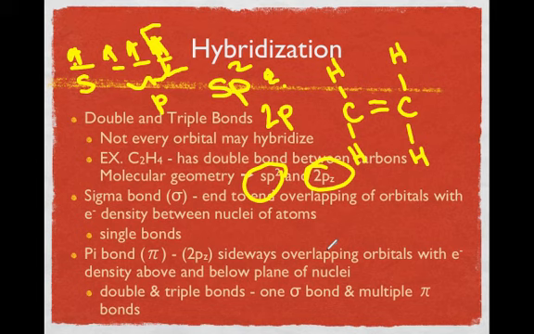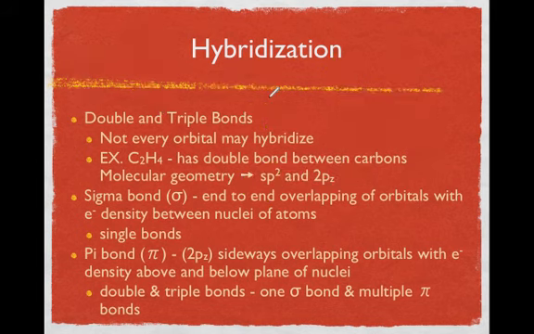Would it always be a 2p? It's 2p because carbon is in the second energy level. If it was silicon, then it would be 3p. It depends on which main energy level they're in. A sigma bond is the hybrid bond, so only one in a multiple bond.